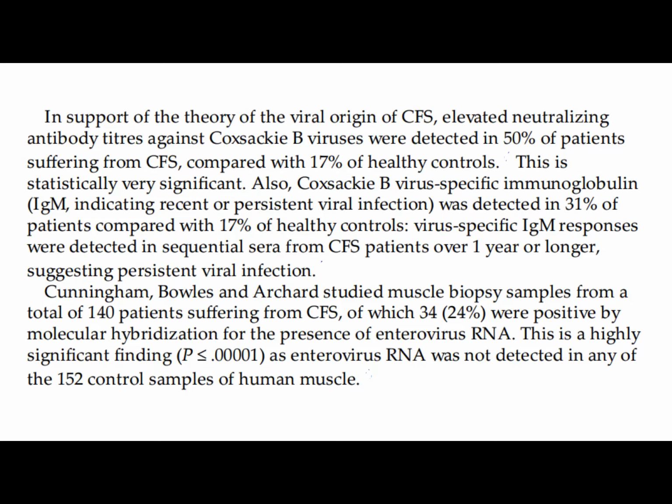Cunningham, Bowles, and Arshard studied muscle biopsy samples from a total of 140 patients suffering from CFS, of which 34 or 24% were positive by molecular hybridization for the presence of enterovirus RNA. This is a highly significant finding, as enterovirus RNA was not detected in any of the 152 control samples of human muscle.